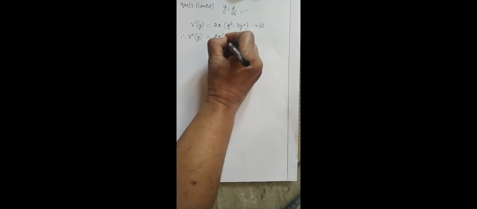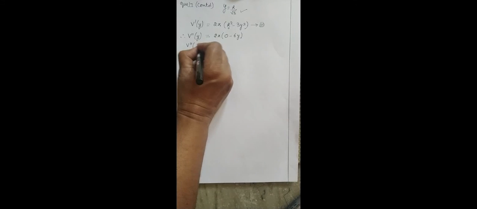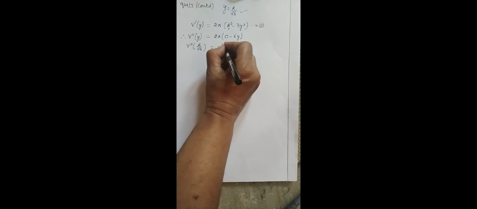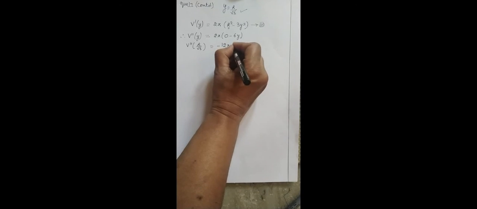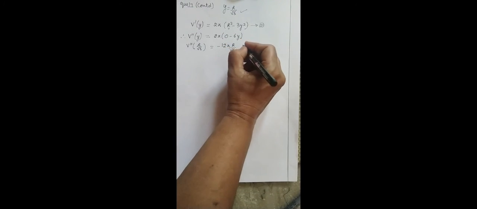So this is 2 pi into, derivative of R square is 0, and it is minus 6y. Finding the value of the double derivative at y equal to R upon root 3, it will be minus 12 pi into R upon square root 3. 6 into 2 is 12, and putting the value of y, which is a negative quantity.